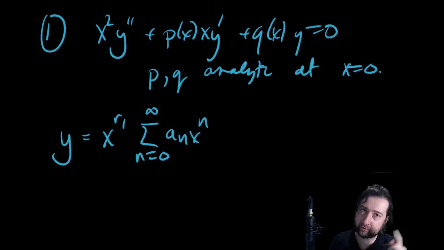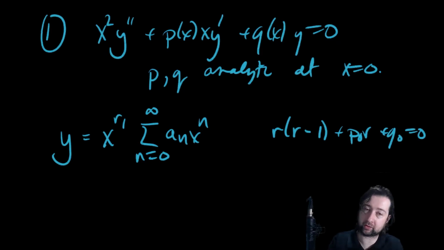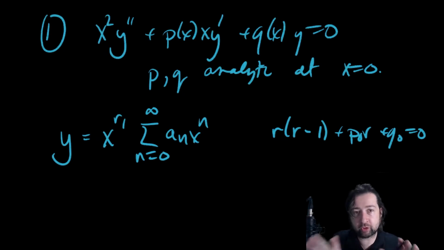But the idea was that at the very least, I know that this solution always exists, where r1 is a solution to the equation r times (r minus 1) plus p naught r plus q naught is equal to 0. So we've built a general equation and a method of solution for that general type of equation.